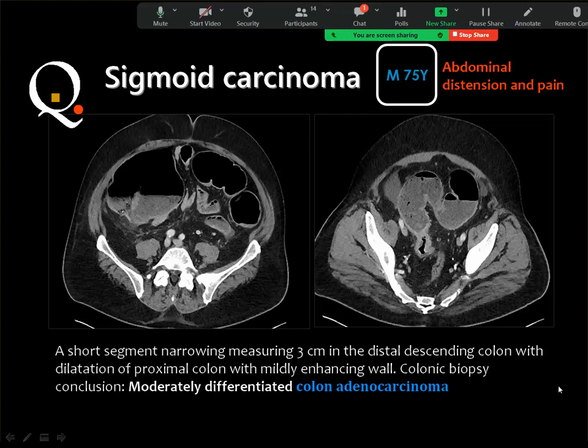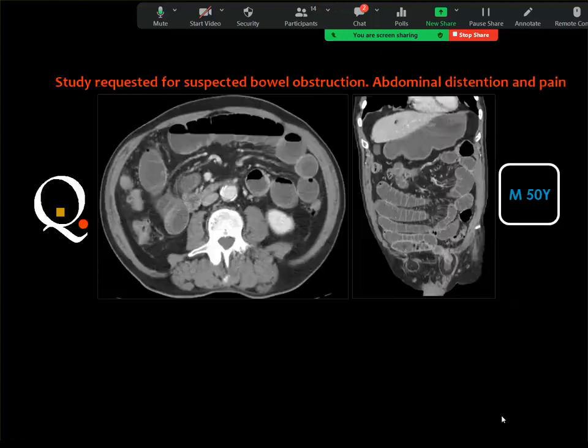This is sigmoid carcinoma. You got the strictured part of the sigmoid colon with thickening of the wall encroaching on the lumen, as well as proximal dilatation of the colon containing multiple air fluid levels. And this is a sigmoid cancer with proximal small bowel obstruction.